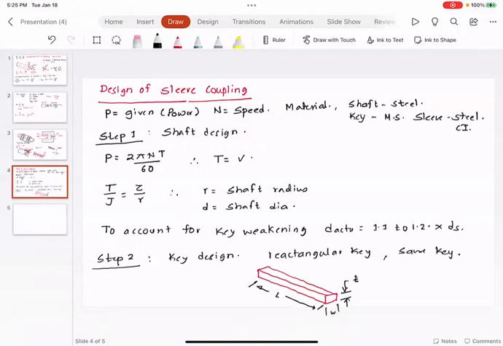Typically, if D is the diameter of the shaft, if it's a square key, T is equal to W is equal to D by 4.